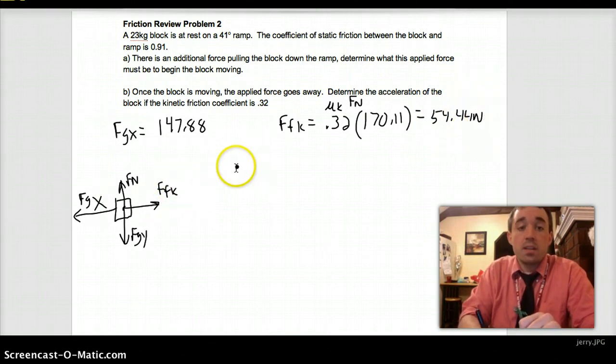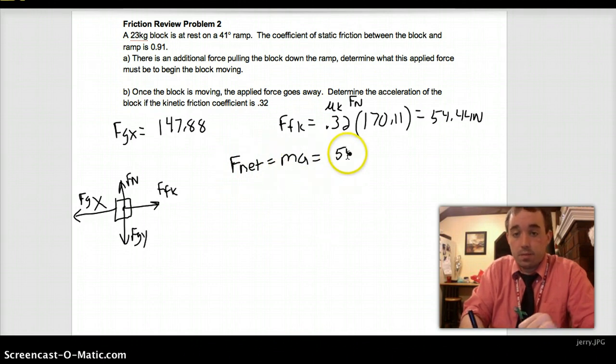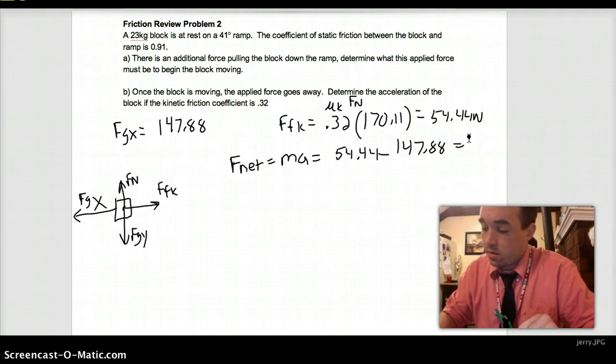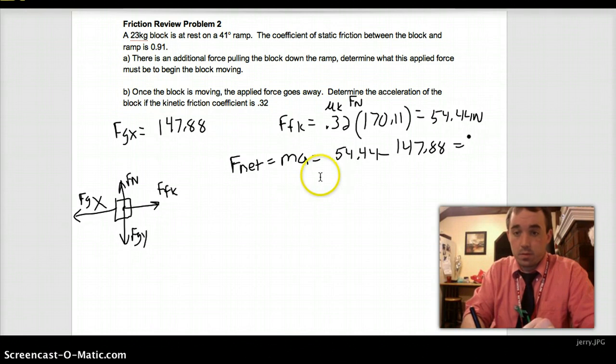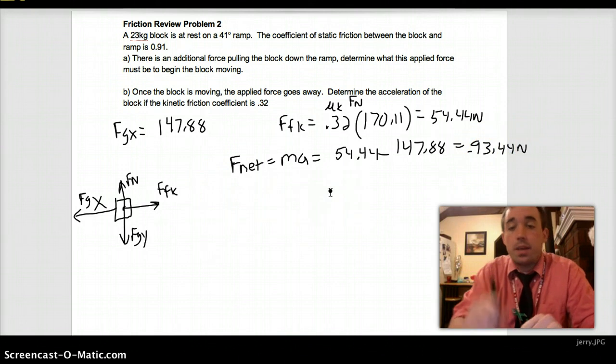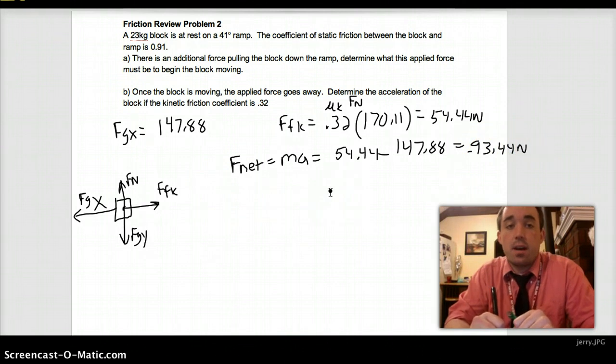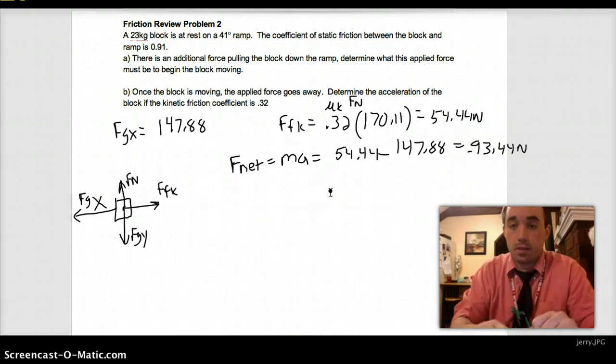So, to figure that out, I have to set up Fnet equals m times a, which equals my total right, 54.44, minus 147.88. My net force is 93.44 newtons to the left, or negative, and I will pick up with this on the next screencast because I'm out of time on this one.